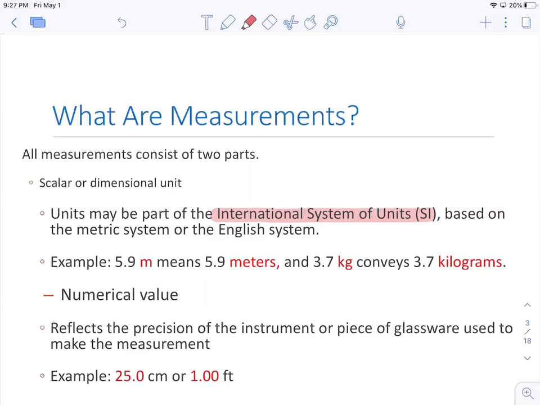Now, when we think about a measurement, we want to think not only about the number itself, but the actual scalar or dimensional unit. There are 2 parts to a measurement, and those 2 parts are the actual unit and the number. Anytime we are doing some sort of calculation in the lab, we will always have a unit with that numeric value.